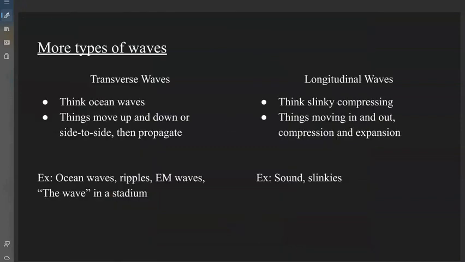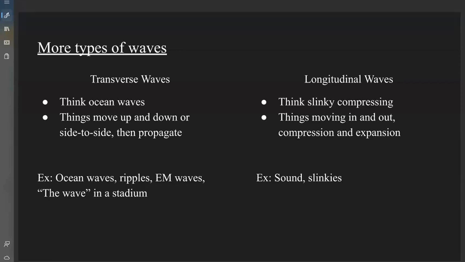Okay, so more types of waves, and this is kind of tricky because more types of waves typically is broken down into mechanical waves, but electromagnetic waves kind of fits into one of these also, kind of.